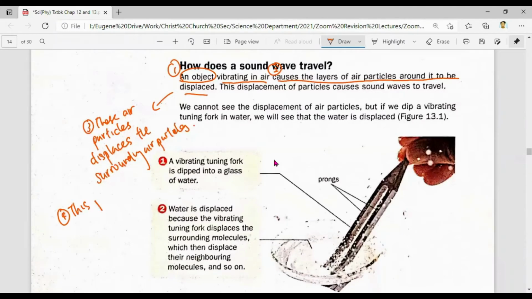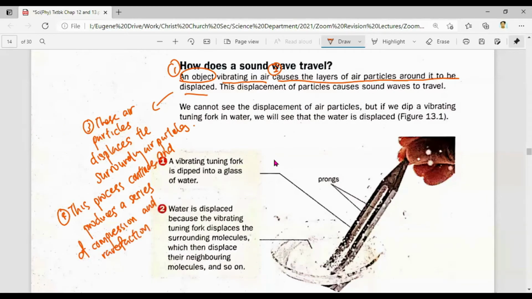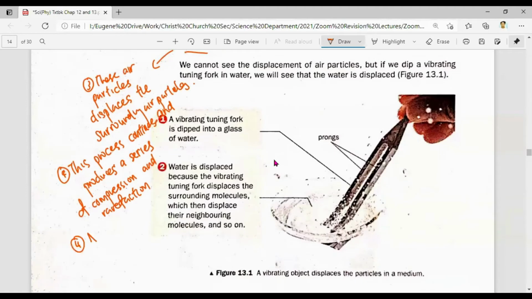This process continues and produces a series of compression and rarefaction, allowing sound to travel as a longitudinal wave.